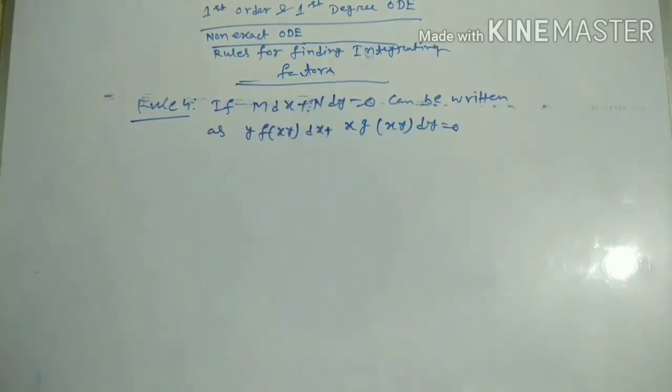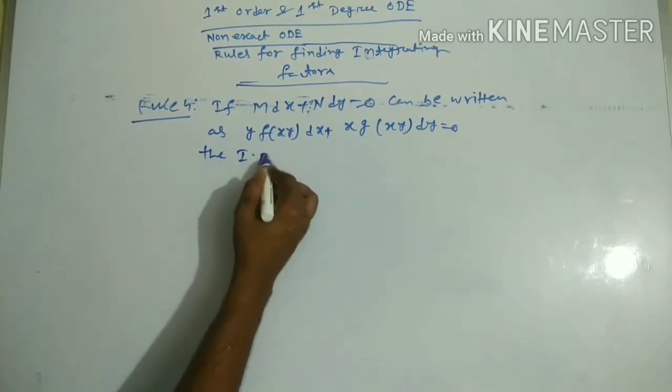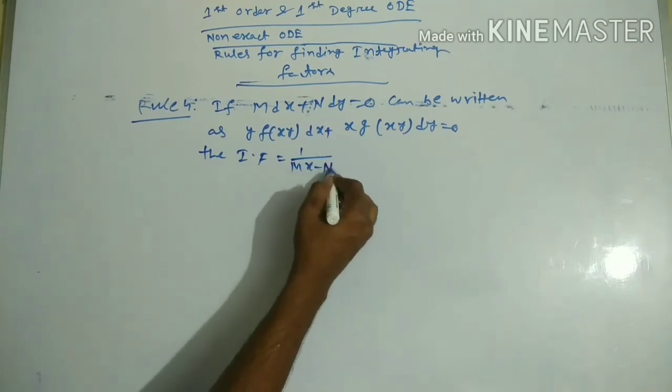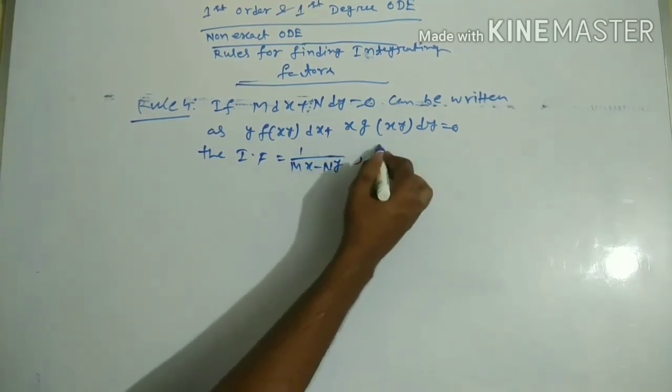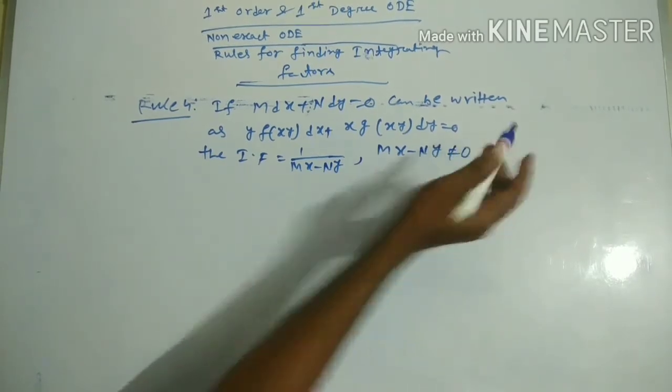If this equation can be written in this form, then the integrating factor will be 1 by Mx minus Ny, provided Mx minus Ny is not equal to 0.